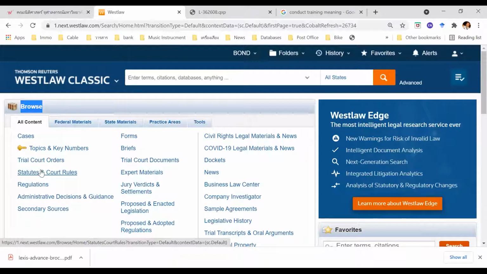Is this what we call fair use, or do I infringe it? So I want to know about a code that mentions copyright infringement. You can open a code, start with the table of contents and look for the title that mentions copyrights. Just use this one, statutes.